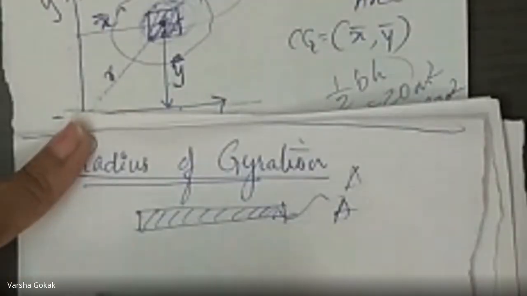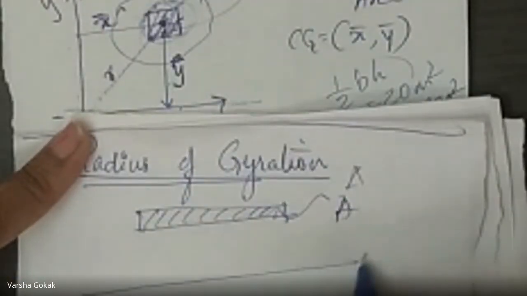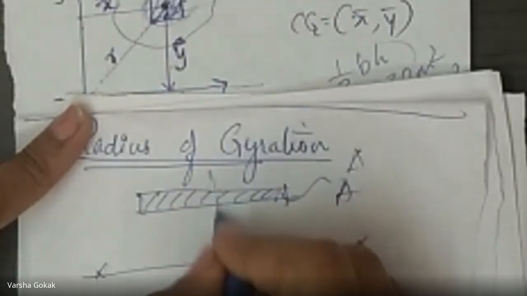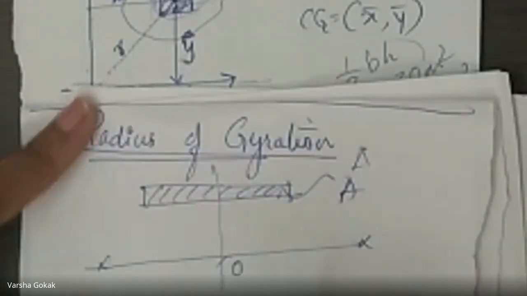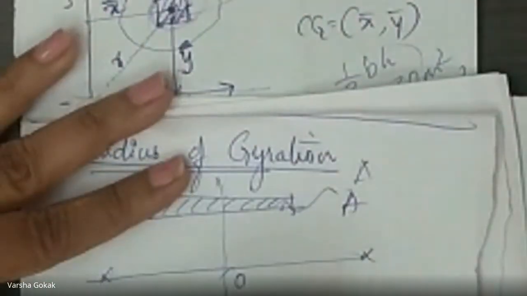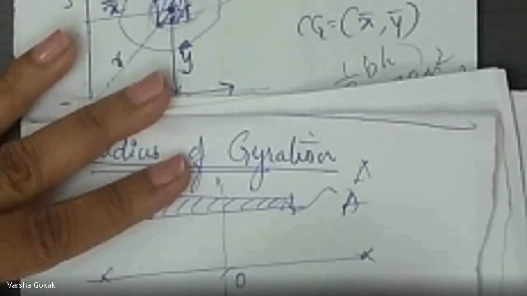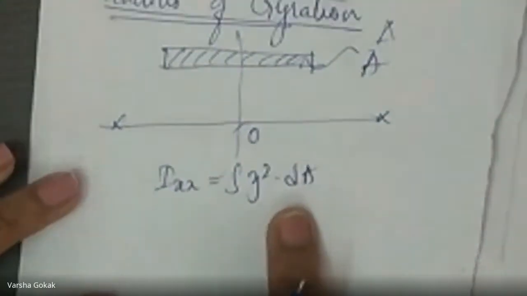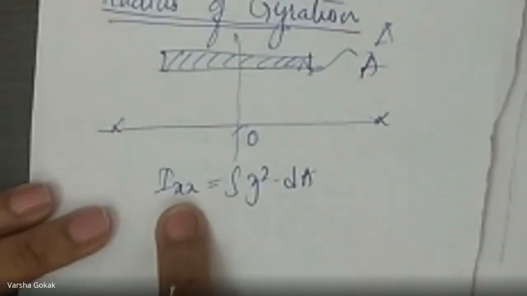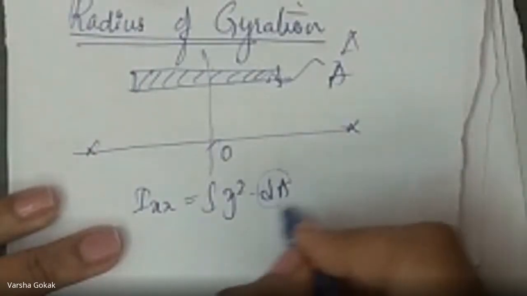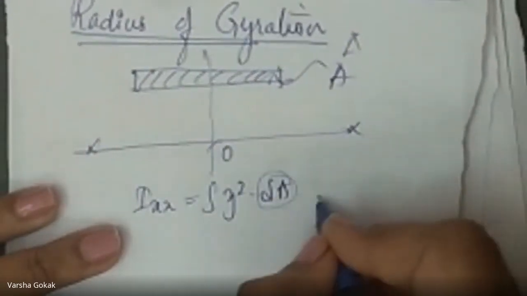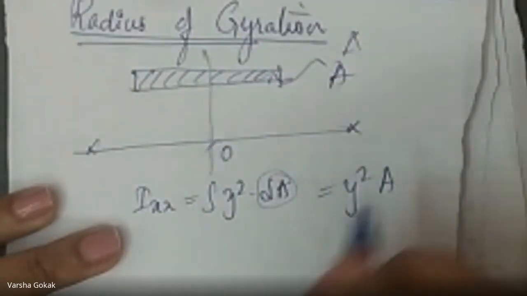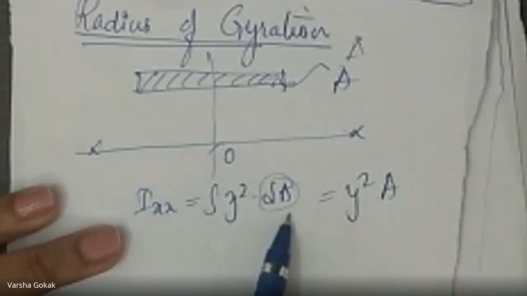Consider this as your reference axis, this point being O. Now I have a value for Ixx, say it was the integration of y square into dA, right? Ixx is the integration of y square into dA, so I've got the value of Ixx. If I know the area, then directly I can substitute it as y square into A. Correct? dA because it was elemental.